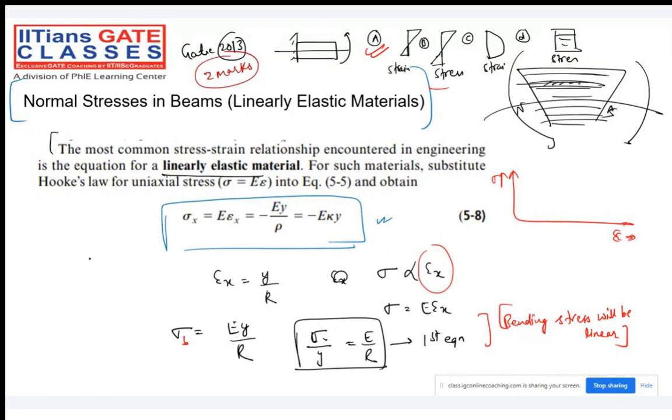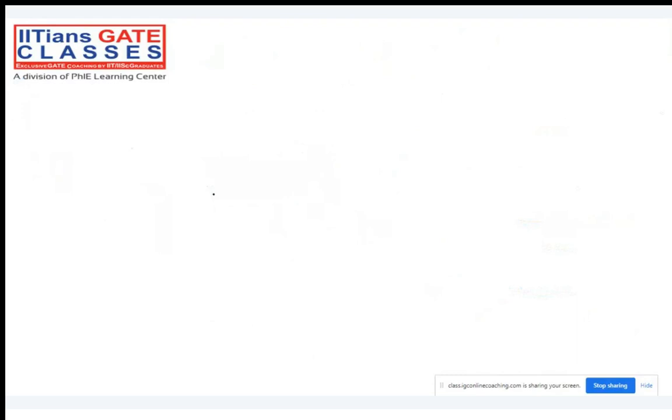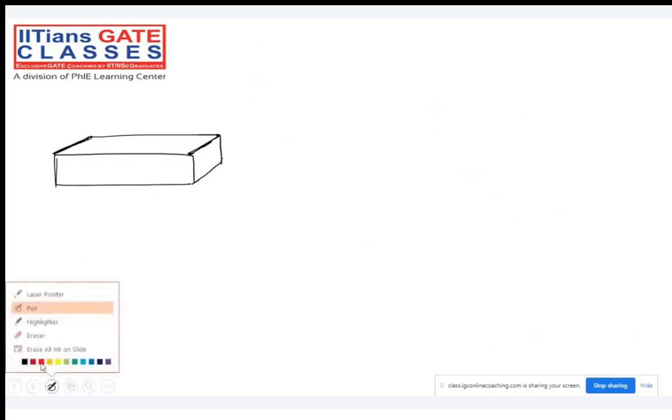So now my dear friends, just make a note of it. The next segment is very important. So we have seen the bending of the beam. If I make a 3D figure of this, this is what we have: the neutral surface, neutral axis.